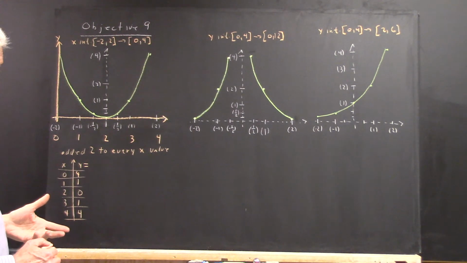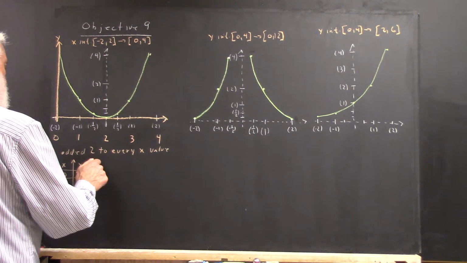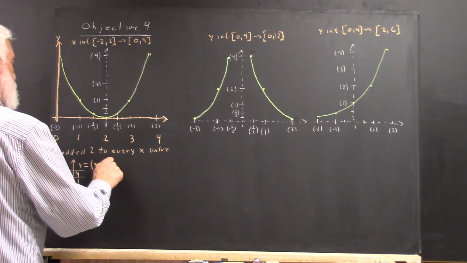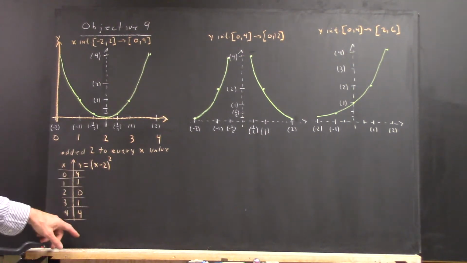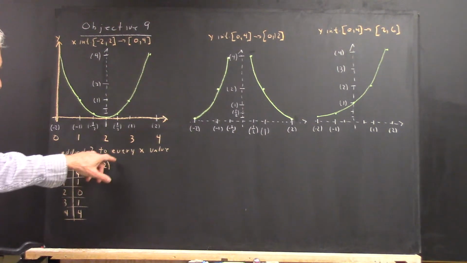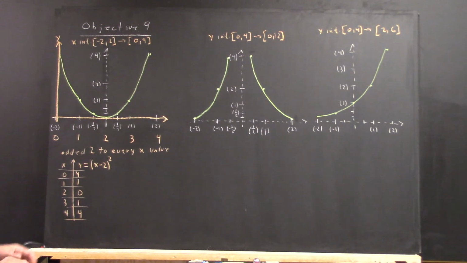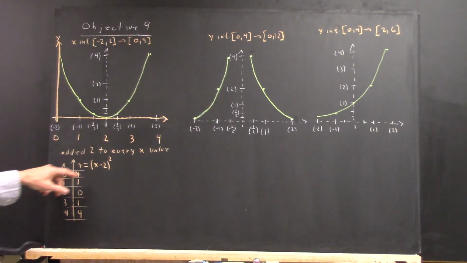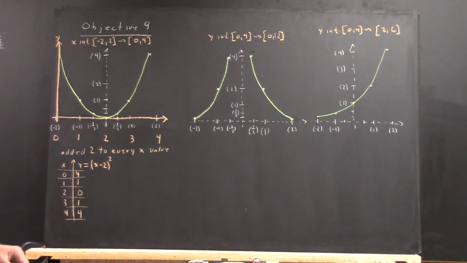Well, as it turns out, this table fits x minus 2 squared. Okay, y equals (x minus 2) squared. 0 minus 2 is negative 2, squared gives you 4. 1 minus 2 is negative 1, square that gives you 1, and so forth.